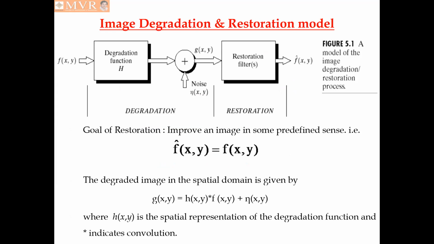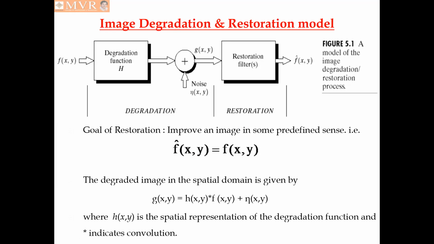Here the main goal of this image degradation and restoration model is to obtain the original image. In this block diagram, the input is f of x comma y and the output is f cap of x comma y. The goal of restoration is to improve an image in some predefined sense.